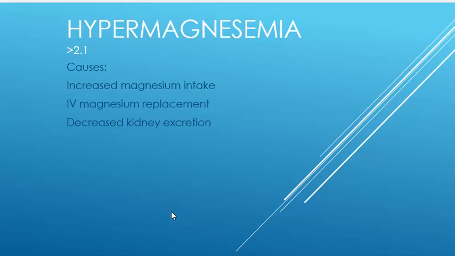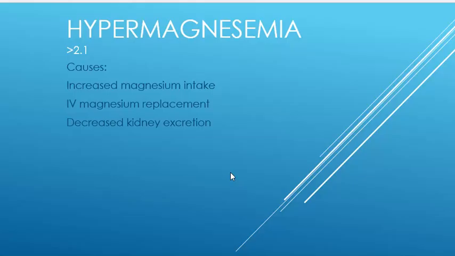Your hypermagnesemia: increased magnesium intake is the most popular cause. IV magnesium replacement, as I will continue to say, if you're hypo and you overcorrect, you'll very quickly become hyper. And decreased kidney excretion.